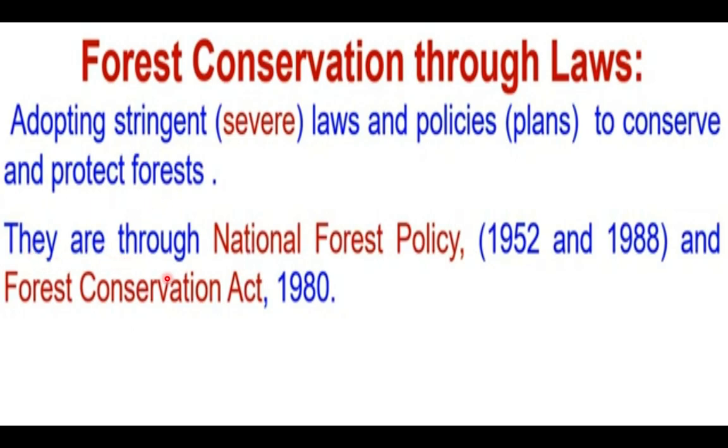They are through the National Forest Policy Act, which was brought up in 1952 and 1988, and Forest Conservation Act in the year of 1980. So these acts are all there to conserve the forest. It should be followed in a stringent manner.